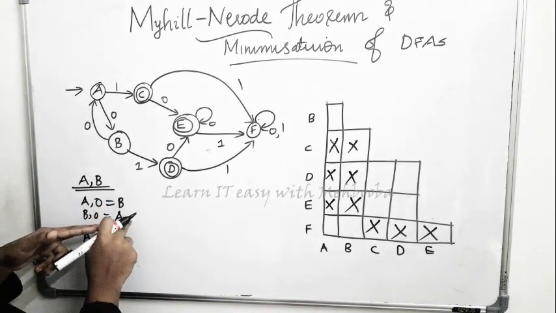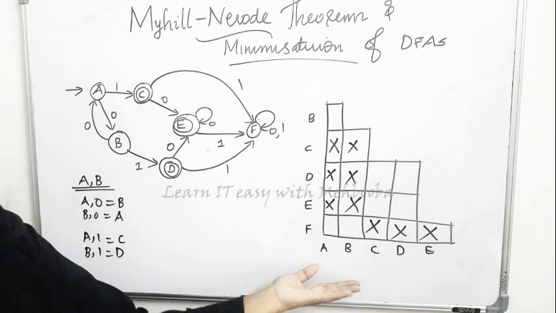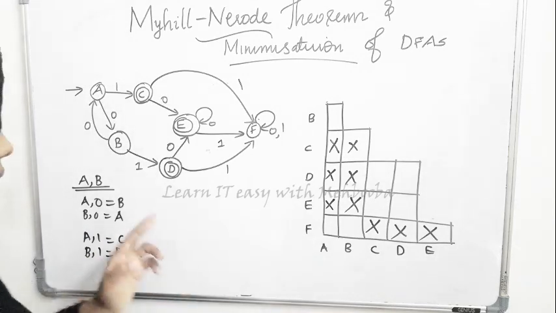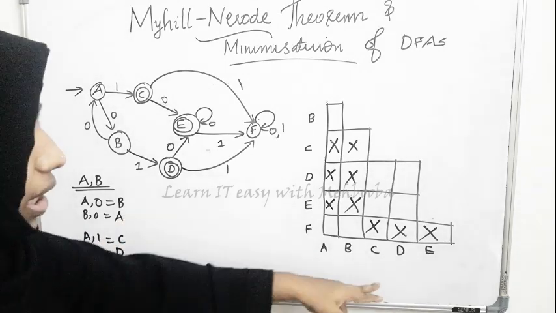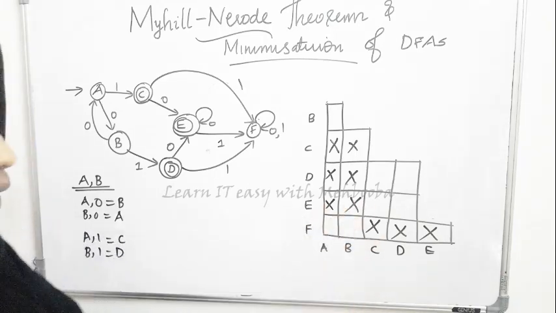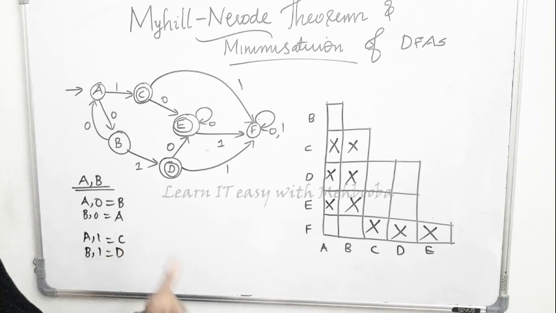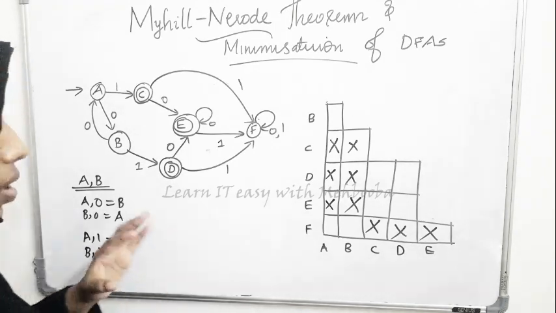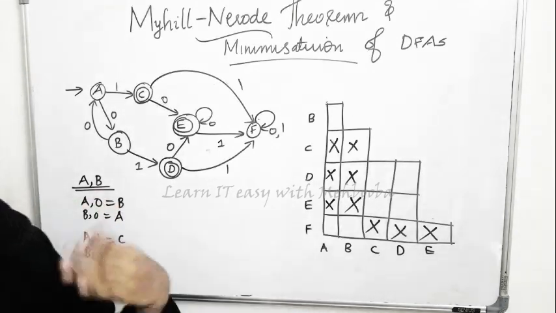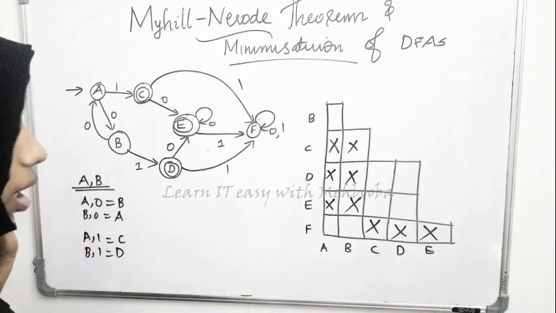If this pair or this pair was marked, we could have easily marked that. But for AB or for CD, we don't find any marking in this table. So we can't mark AB for the time being. We will have several different iterations, so we hope to mark it in some other iteration. For the time being, anyway, we can't mark this.